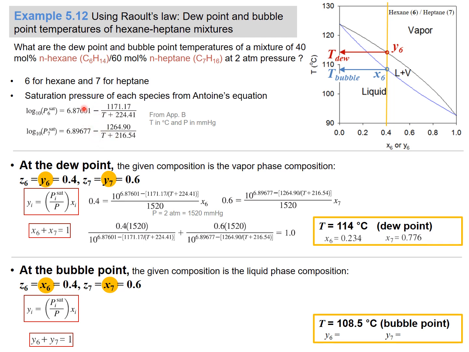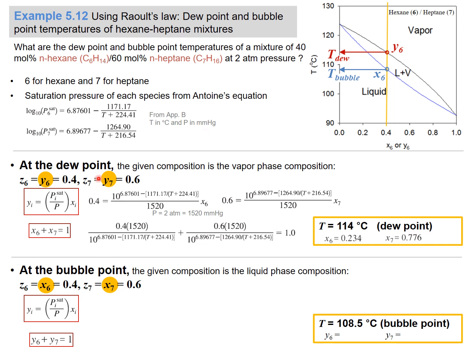Of course, the A, B, C values are obtained from Appendix B or from any database on the internet. In this case, temperature is in Celsius and pressure in mmHg.